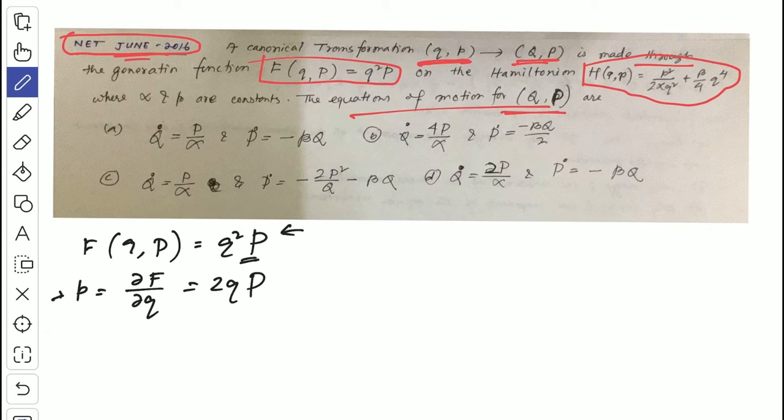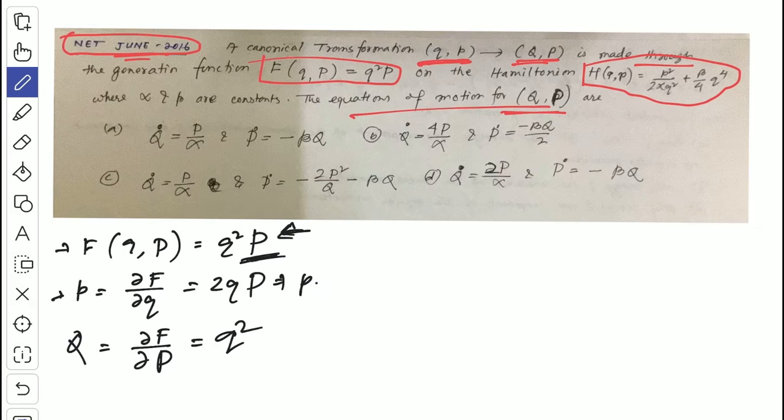To find small p, we have to differentiate F with respect to small q. Then to get capital Q, we differentiate with respect to capital P, because it is a function of capital P. If you differentiate it with respect to capital P, you will get small q squared.